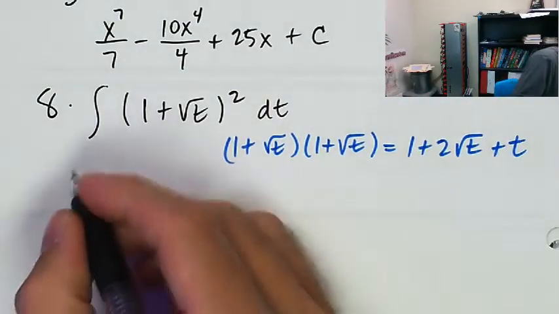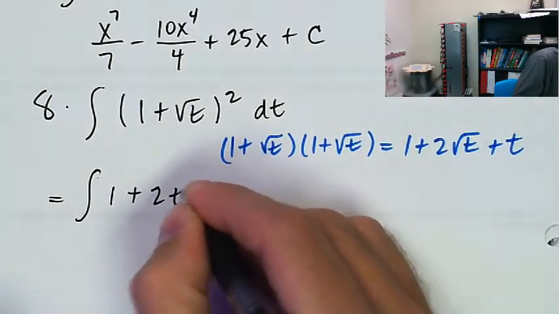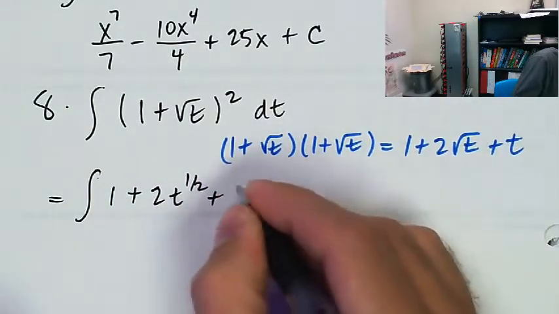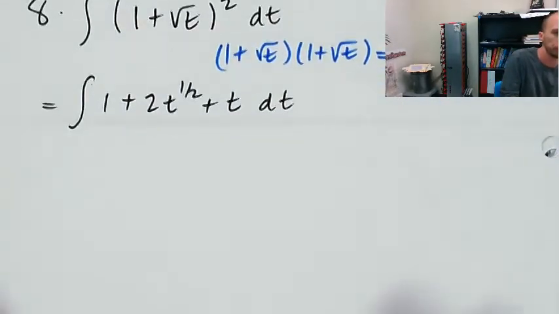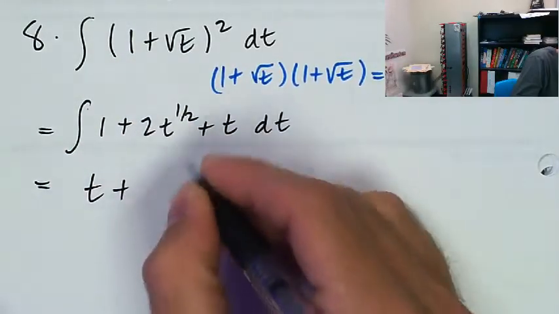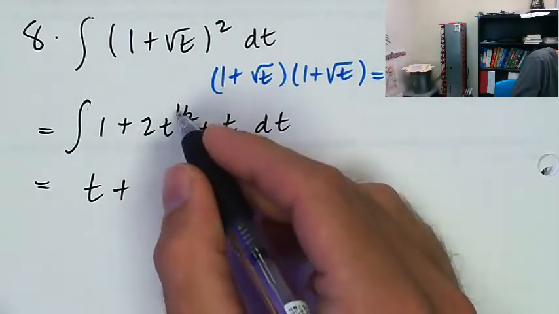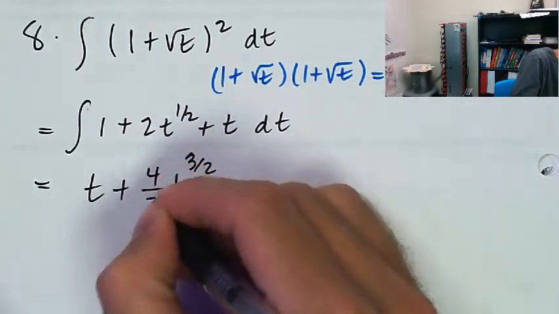So 1 plus 2t to the 1/2 power plus just regular t with respect to t. All right, and I'm going to get t plus increase the power by 1. That's going to be 3/2, so I'll need to multiply by 2/3.